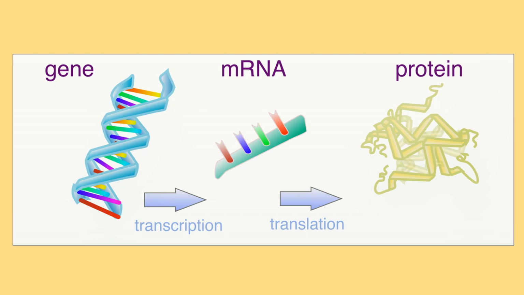During transcription, we take a section of DNA called a gene, and that language of DNA is transcribed into the language of messenger RNA. Notice that DNA is a double-stranded molecule and RNA is a single-stranded molecule. Then in the cytosol of the cell, that RNA is translated from the language of a nucleic acid into the language of a protein.